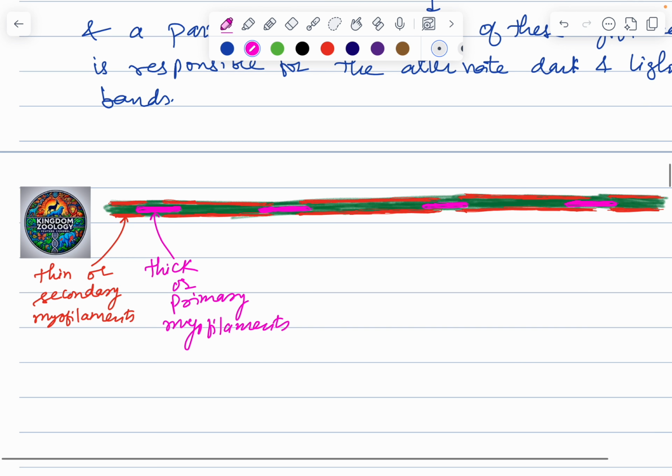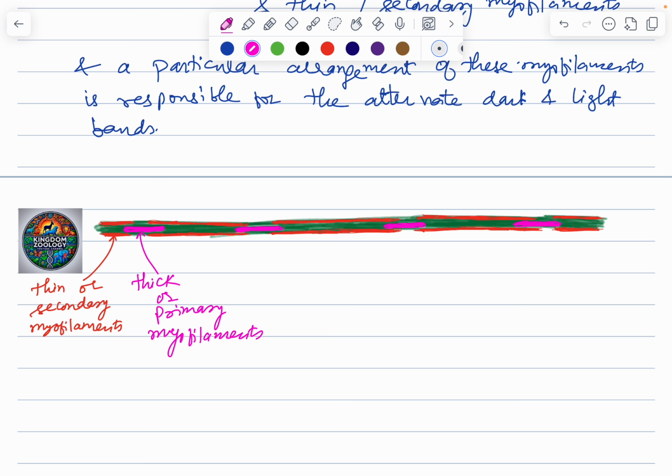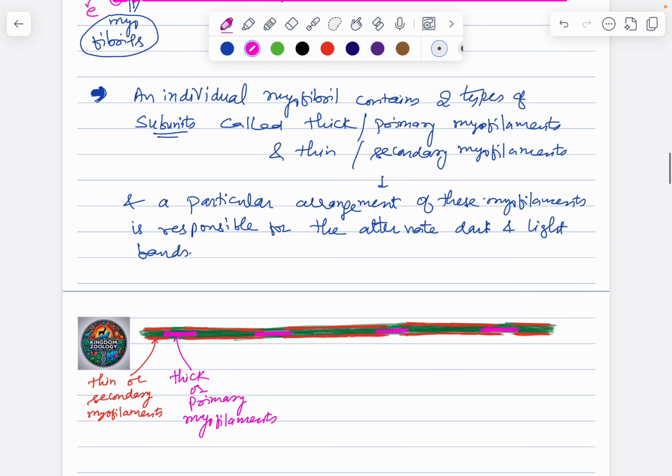Okay. Now that's basically the arrangement of the subunits of an individual myofibril, thick and thin myofilaments.